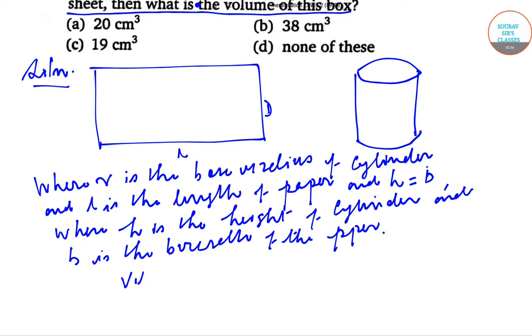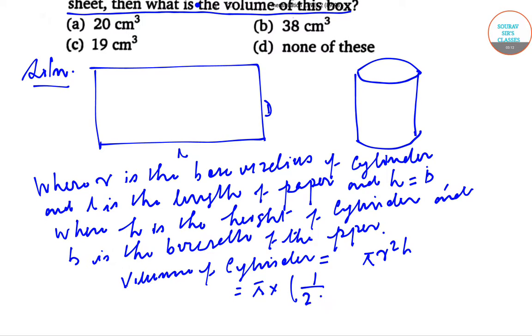Volume of cylinder is pi r square h, pi into r square into b.